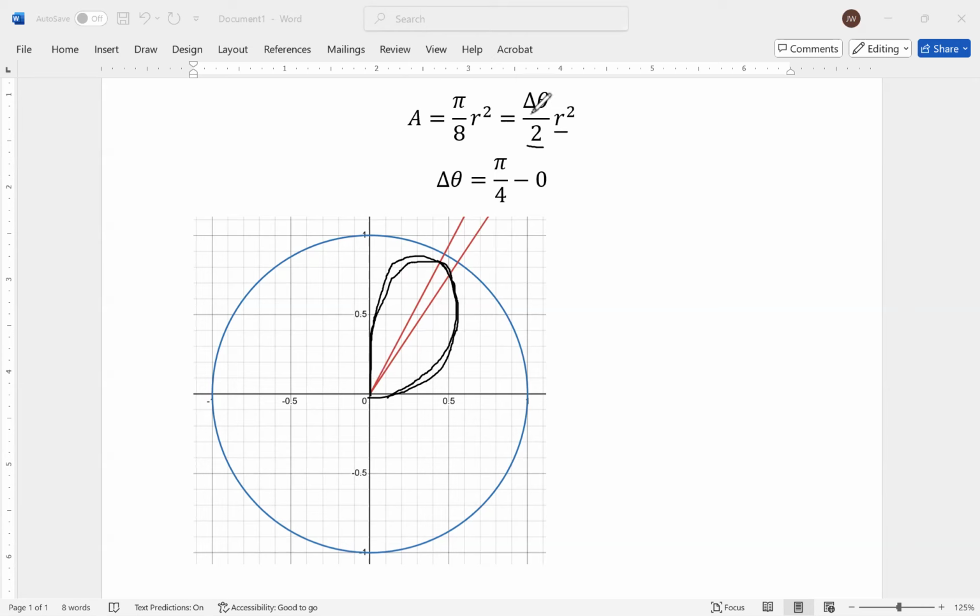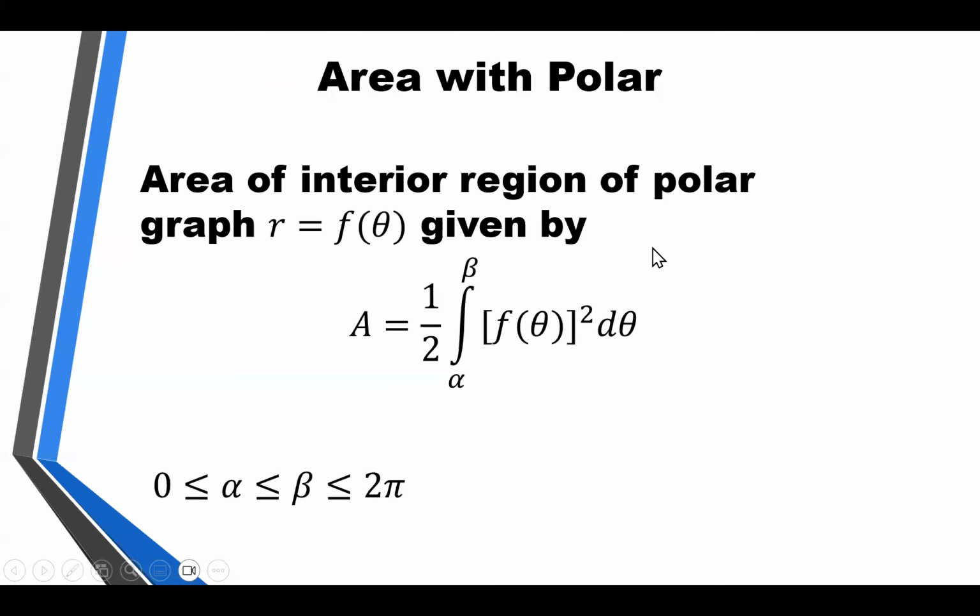And then when I take those change in thetas and I get smaller and smaller, then that's going to become an integration. That is going to generate out the area of an interior region of a polar graph. So that's how we do it.